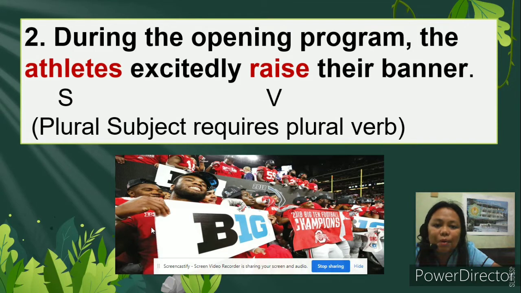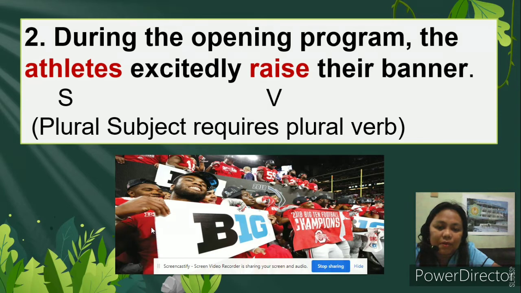During the opening program, the athletes excitedly raised their banner. So where is the subject? The subject there is athletes. How many athletes? There are more than one. So where's the verb? Raised. Okay, look at the verb. Raise.